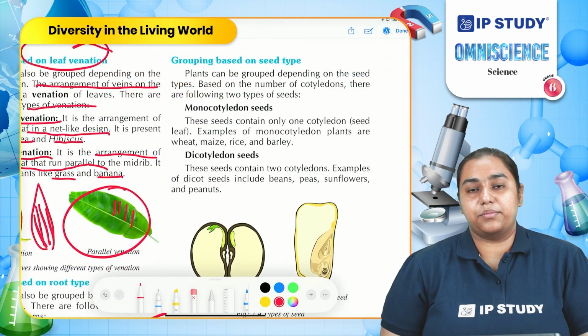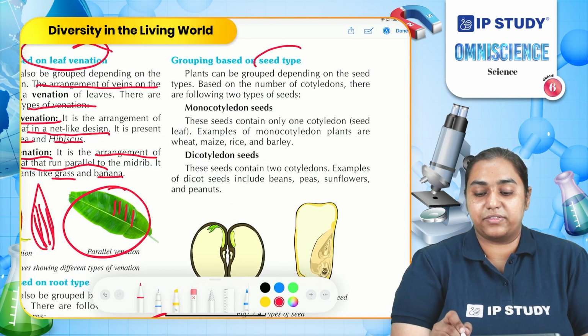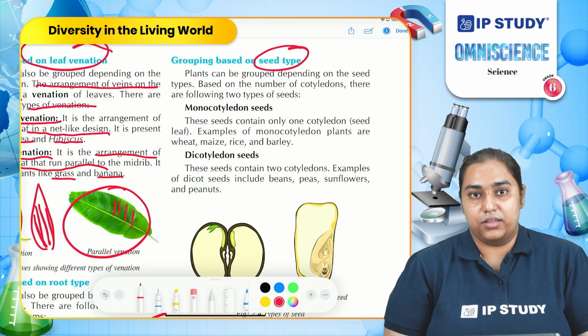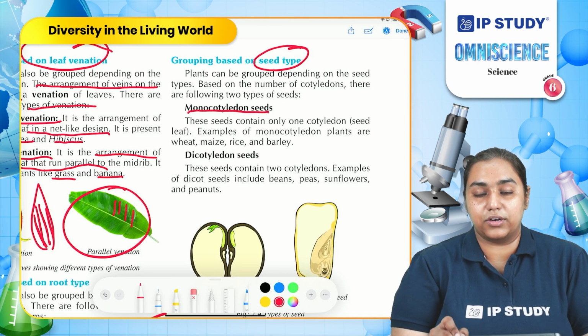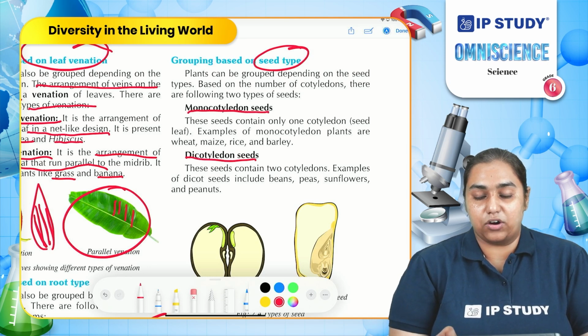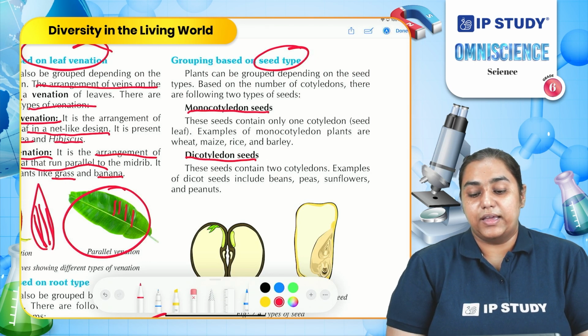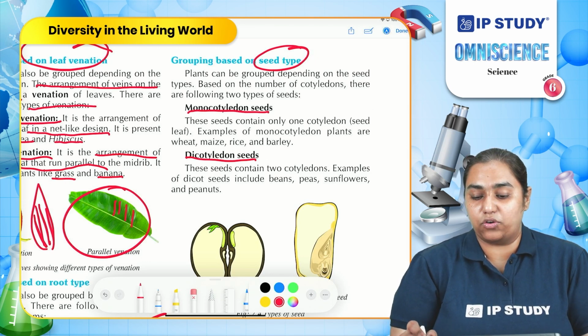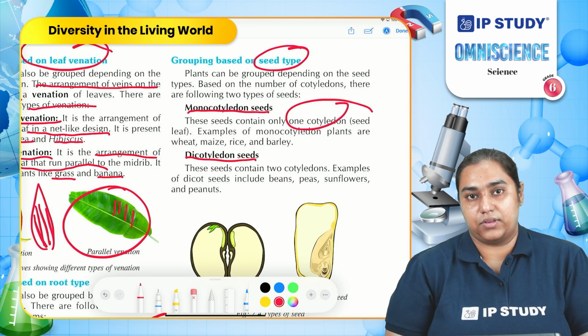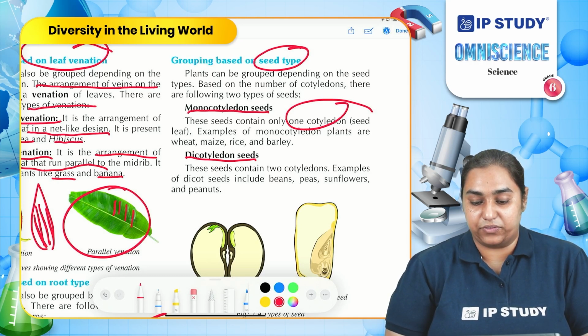Similarly, plants can be categorized based on the type of seed. There are two broad categories of seeds, monocotyledonous seeds and dicotyledonous seeds. So what are monocotyledonous seeds? These are the seeds which contain only one cotyledon. What is cotyledon? Cotyledon is the seed leaf.